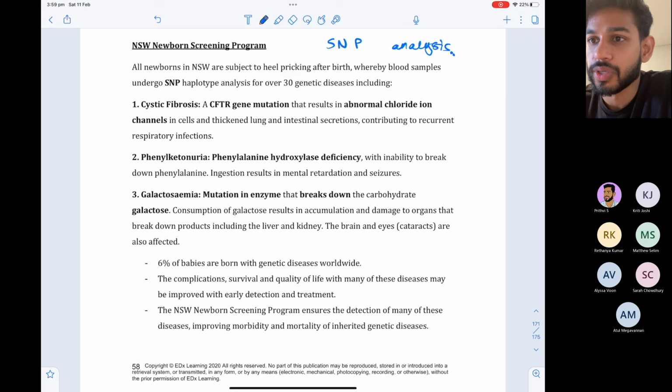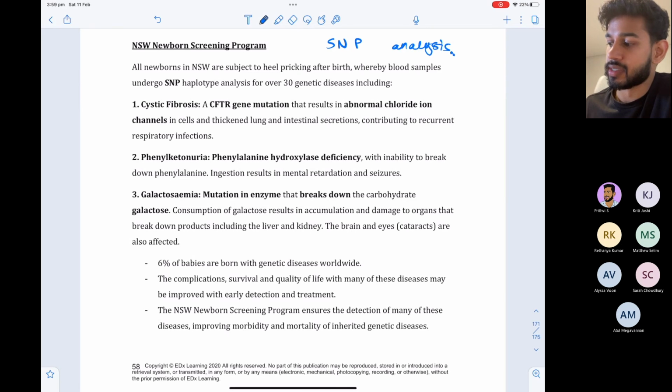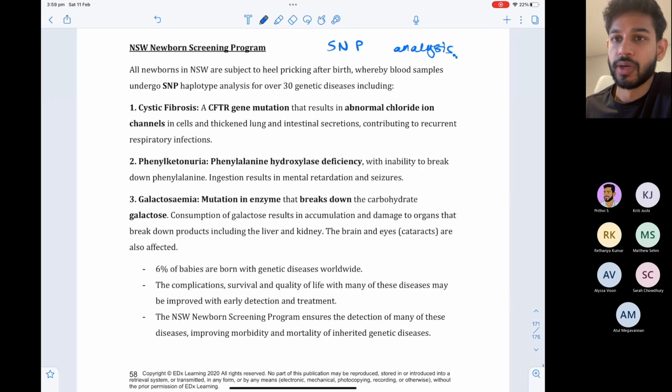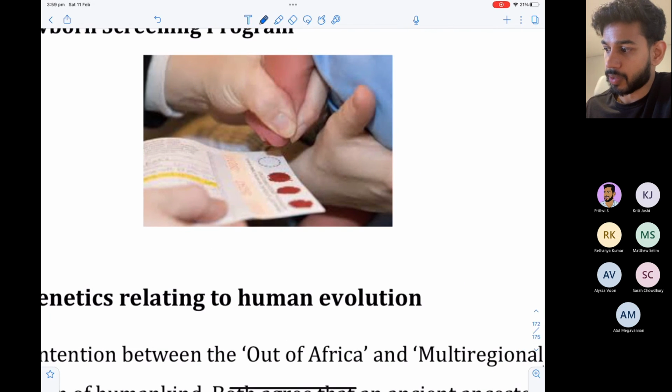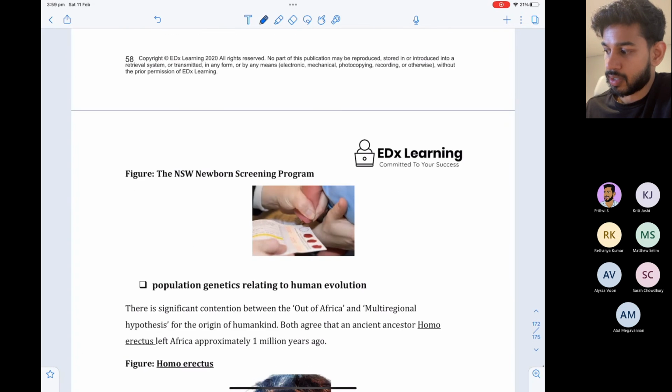And so this newborn screening program in New South Wales uses SNP analysis to pick out high-risk people for further testing. And here are 3 diseases we check out for. Okay, very good. Now, that's the heel prick we're doing on a baby's heel.